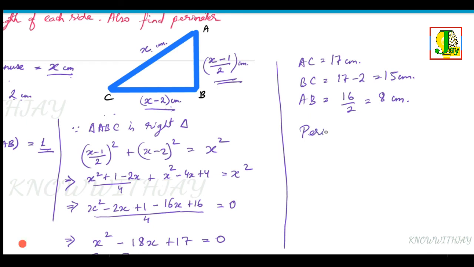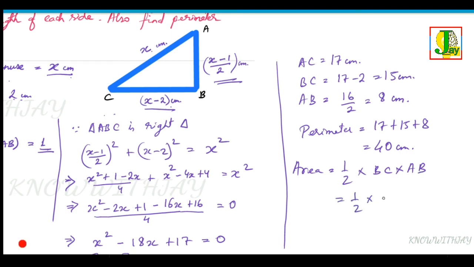We have to find the area and the perimeter. So perimeter equals 17 plus 15 plus 8. We have 32 plus 8, 40 centimeters, and area equals half into BC into AB, base into height.